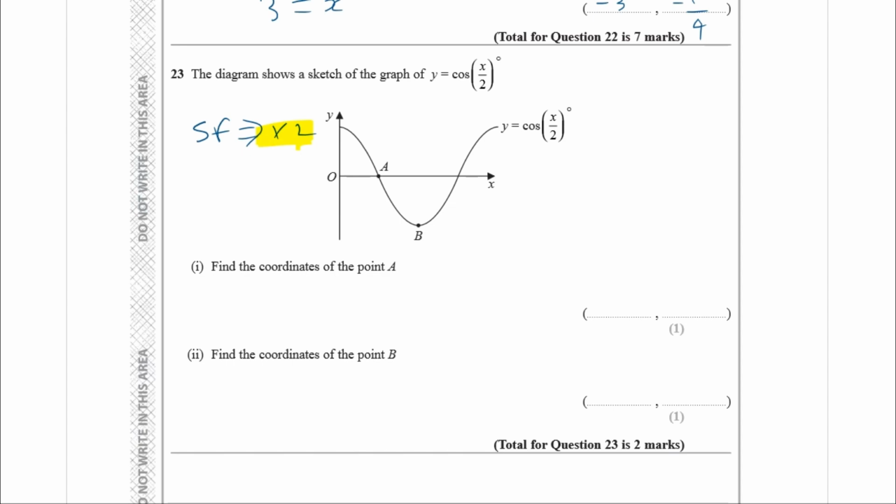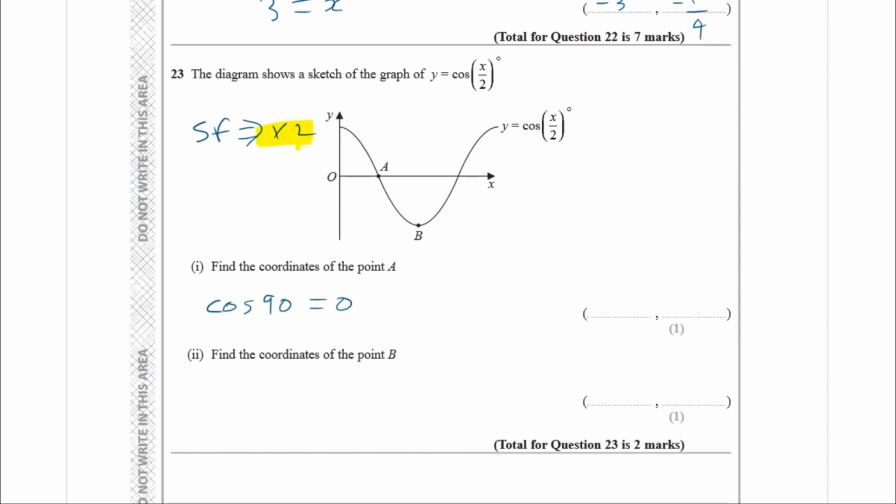Now, usually, cosine of 90 would be 0. So this is your standard thing, is that cosine of 90 is equal to 0. However, in this case, if we have 90 divided by 2, that'll be the cosine of 45, and that's not 0. So really what you want is you want to be able to say that this is the cosine of 180, because 180 divided by 2 is going to be 90, and that'll be a 0.